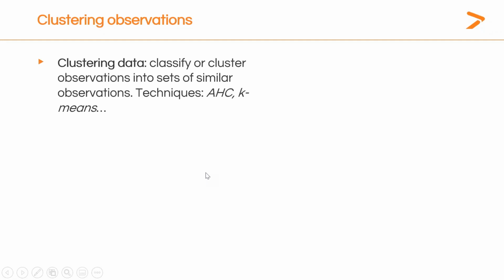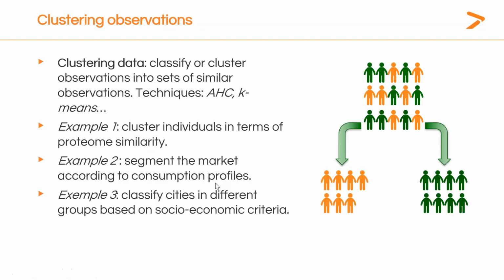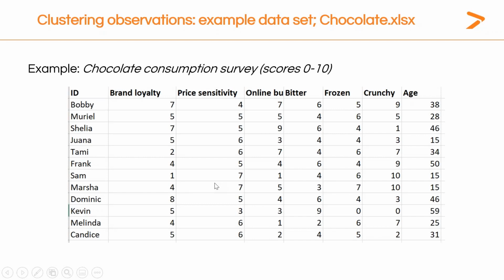So this slide, you've already seen it. Clustering methods allow us to classify or cluster observations into sets of similar observations. So let's see in these examples. We're going to work on this data set. This is a chocolate consumption survey, with different respondents answering questions such as to what extent are you loyal to the brand?